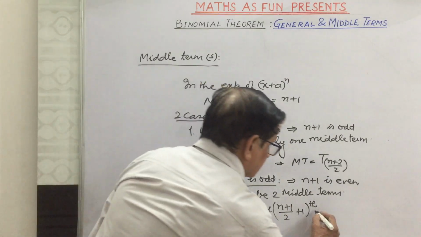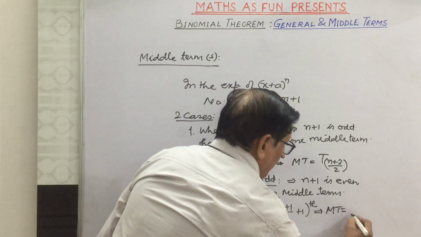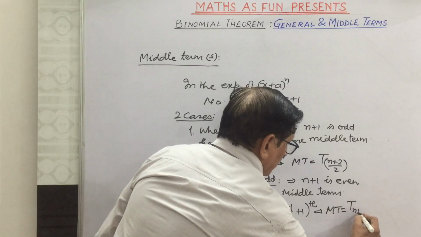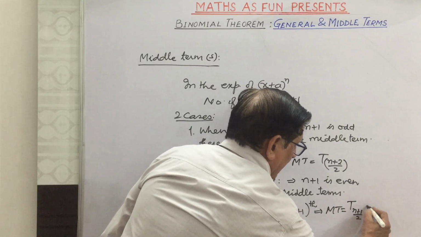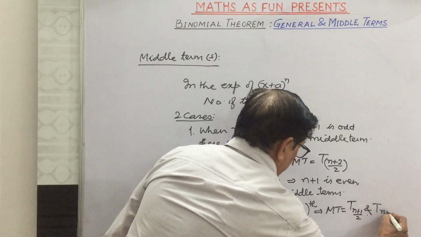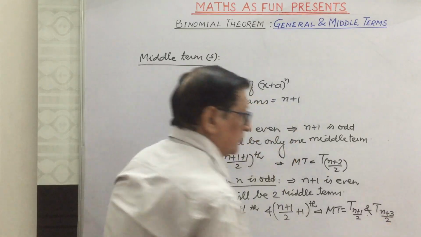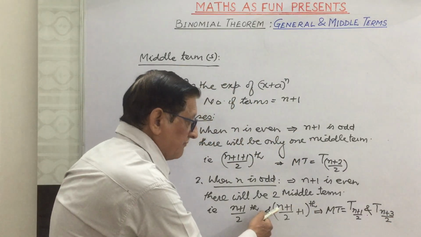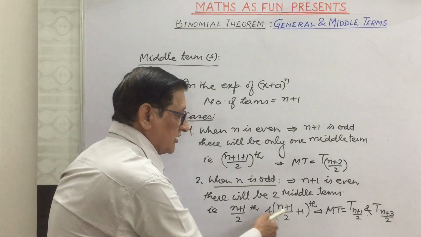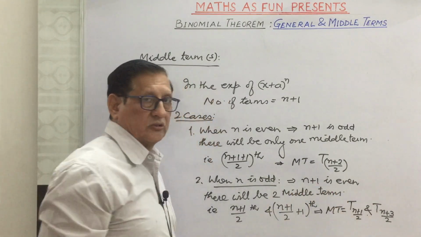So in this case, the middle terms are t((n+1)/2) and t((n+3)/2), because here (n+1)/2 plus 1 is (n+3)/2.